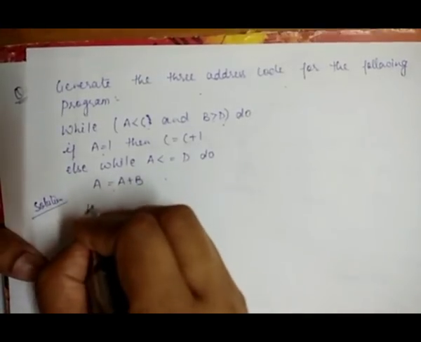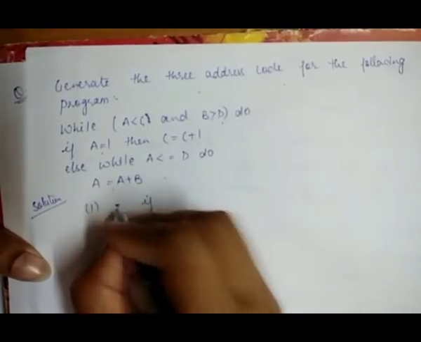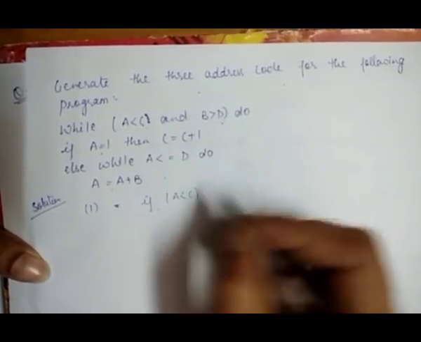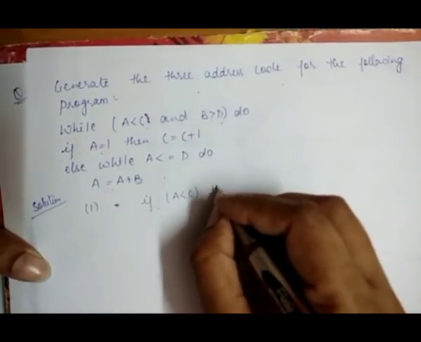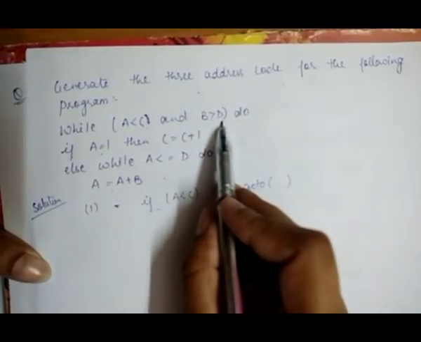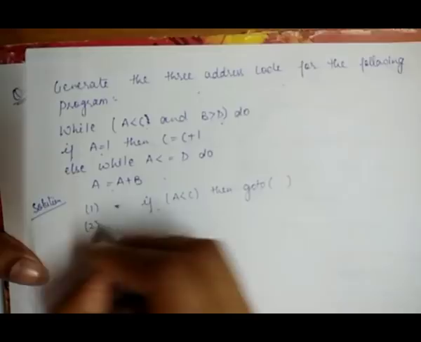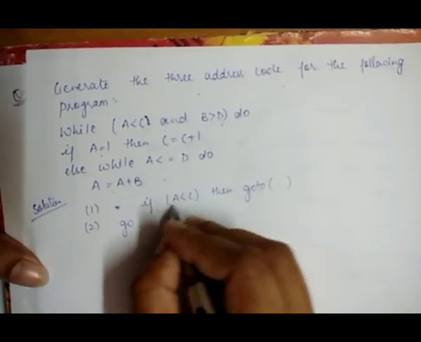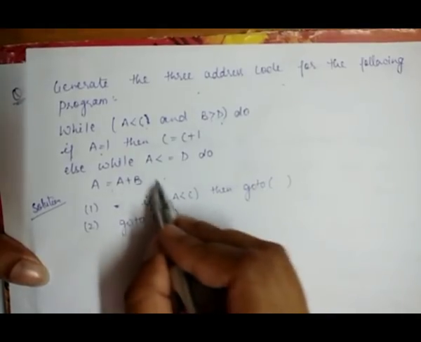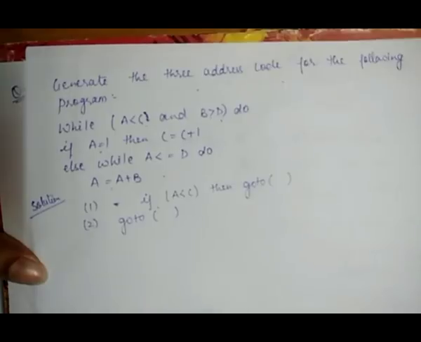So first we check the if: if a is less than c, then go to the label which checks the next condition. Till now we leave it blank. The second statement is, if this condition is false, then go to the next statement after this loop, so we make it that label.